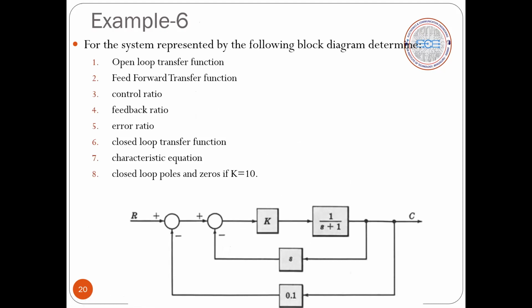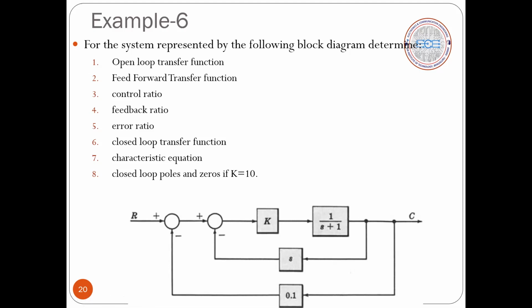Similarly, we have a next example. We have to calculate the open loop transfer function, the feed forward transfer function, the control ratio, the feedback ratio, the error ratio, the closed loop transfer function, the characteristic equation, and the closed loop poles and zeros if k is equal to 10.